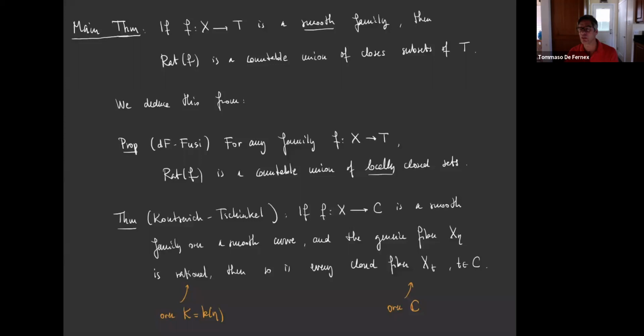So we know that for an arbitrary family it is a countable union of locally closed subsets. However, the proof of the Kontsevich-Tschinkel theorem doesn't seem to work, at least not in an obvious way, for unirationality. So I don't think it's known that a smooth specialization of a unirational variety is unirational. I think that remains an open question.